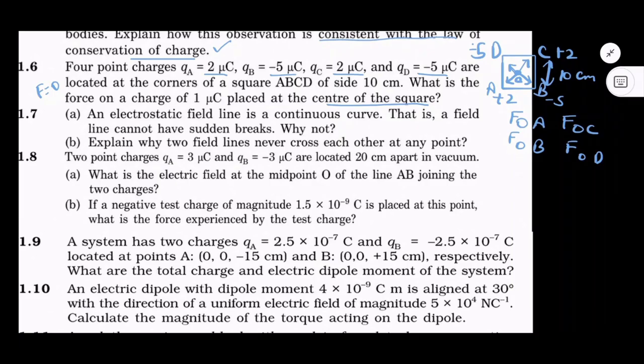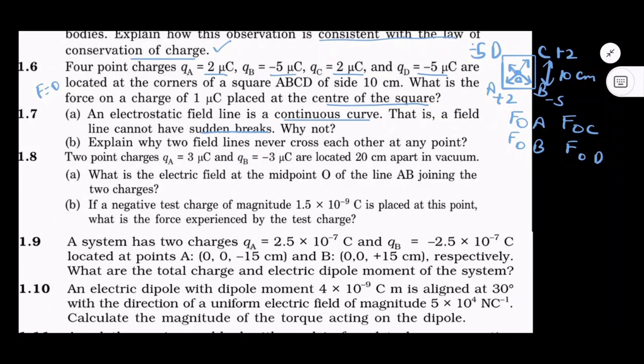So let's move to the next question, which says that an electrostatic field line is a continuous curve, that is, a field line cannot have sudden breaks. Why not? We have to explain that electric field lines are continuous in nature and can't break.